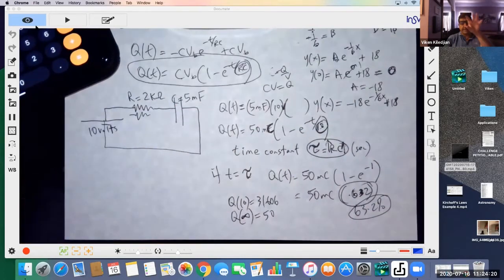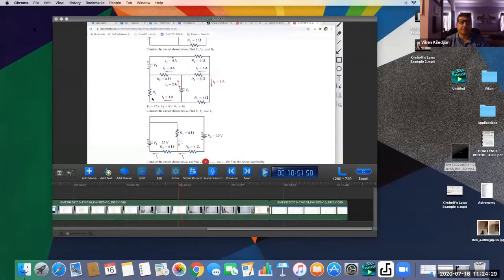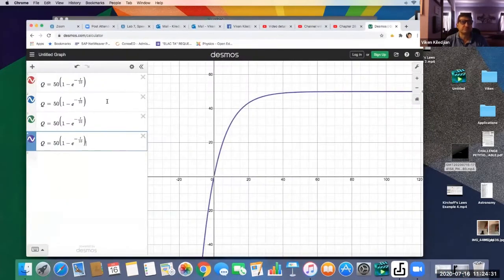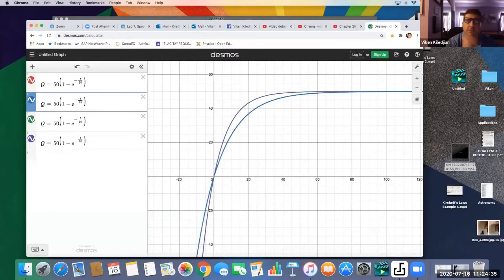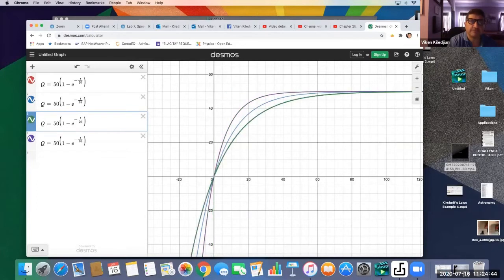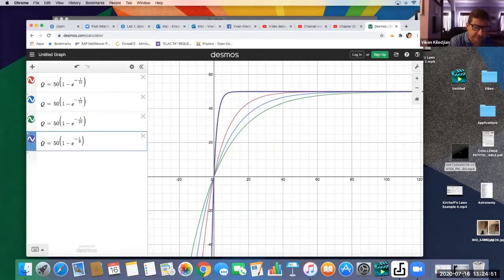So if I keep the capacitance the same, change the resistance, then this one should be 15. Okay. Then if I change it to 4 kilo ohms, this one should change to 20. If I change to 5 kilo ohms, this one should change to 25.